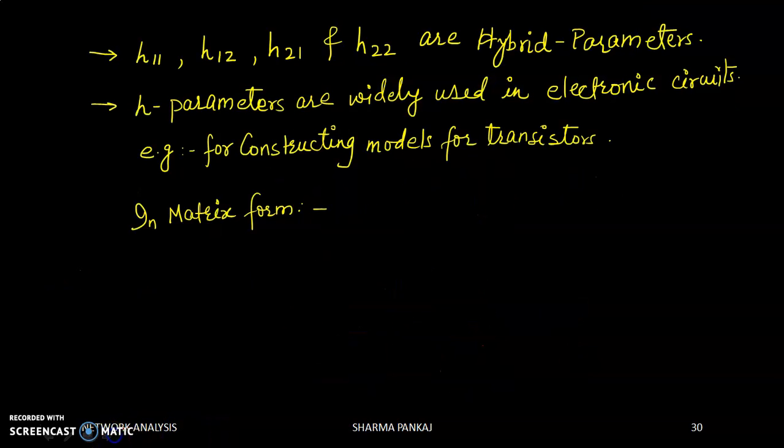H11, H12, H21 and H22 are your hybrid parameters. H parameters are widely used in electronic circuits, for example, for constructing models for transistors.